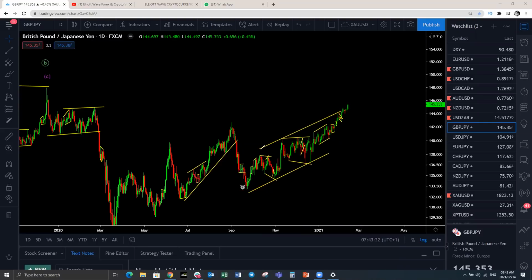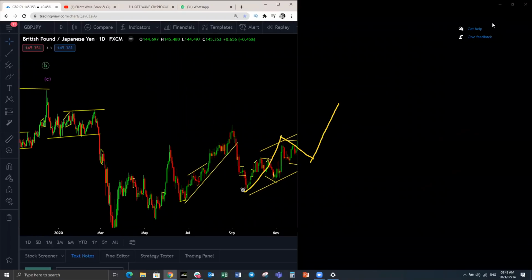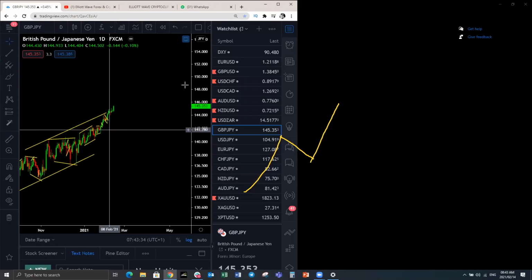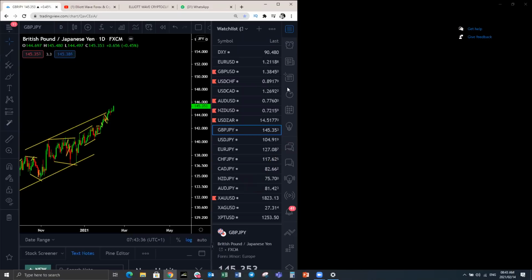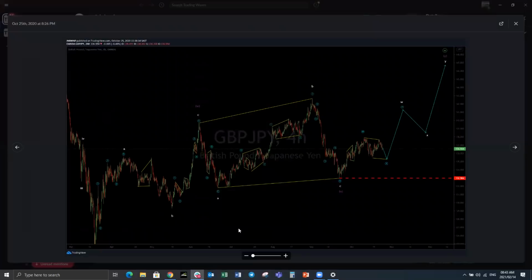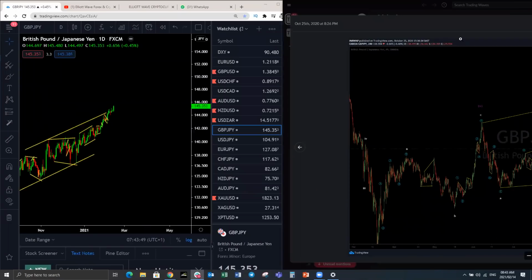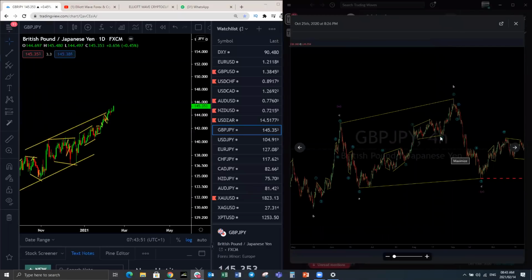If you look at the videos that we've been posting on YouTube, you'll see that we have been looking for this structure here on pound yen. Let me put them side by side so you can see the Slack chart as well as the current chart. Let's make this one smaller. Right, here we've got it side by side.